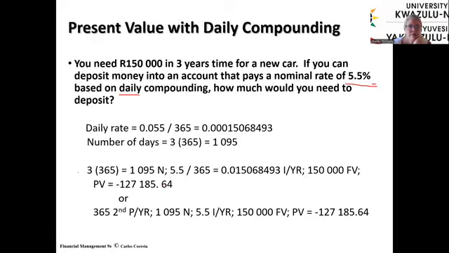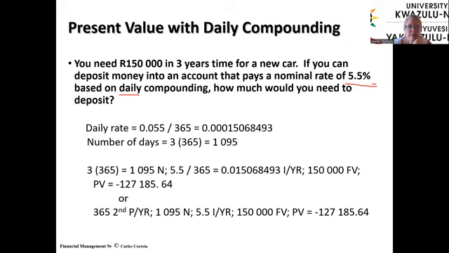So again, you either leave your PYR setting on 1, enter 1095 as your N, put 5.5 divided by 365 equals as your IYR, your 150,000 is your FV because you need that amount in 3 years' time or 1,095 days' time, and then you hit PV. Okay.